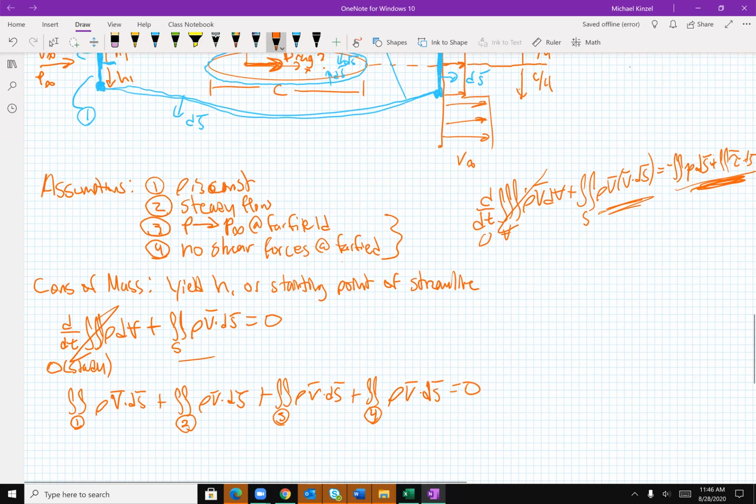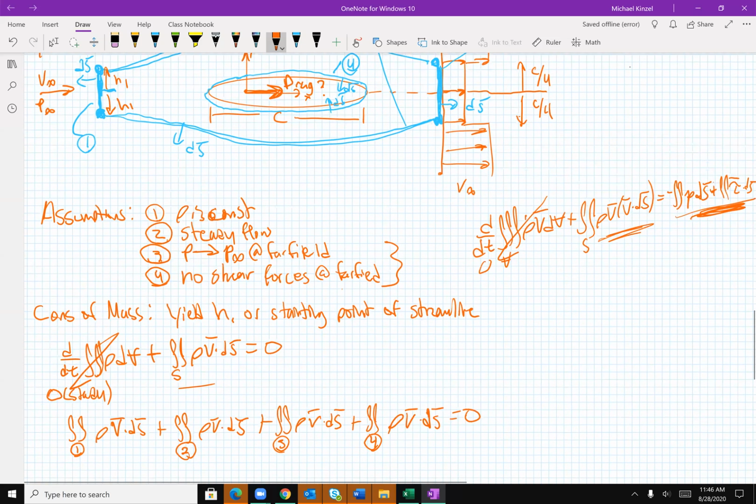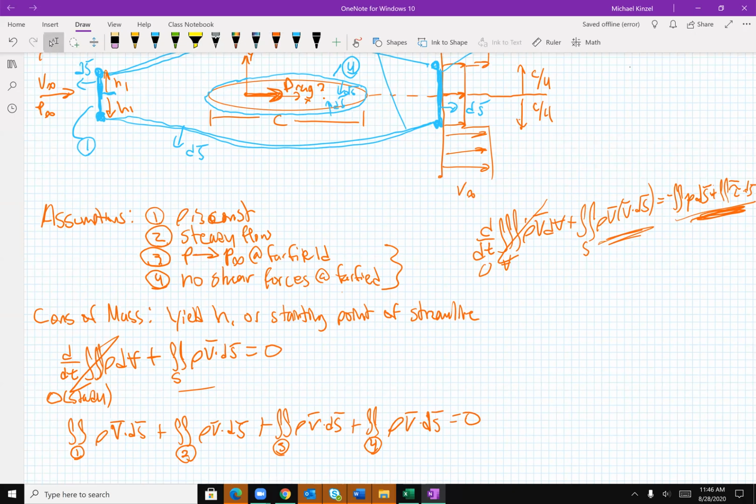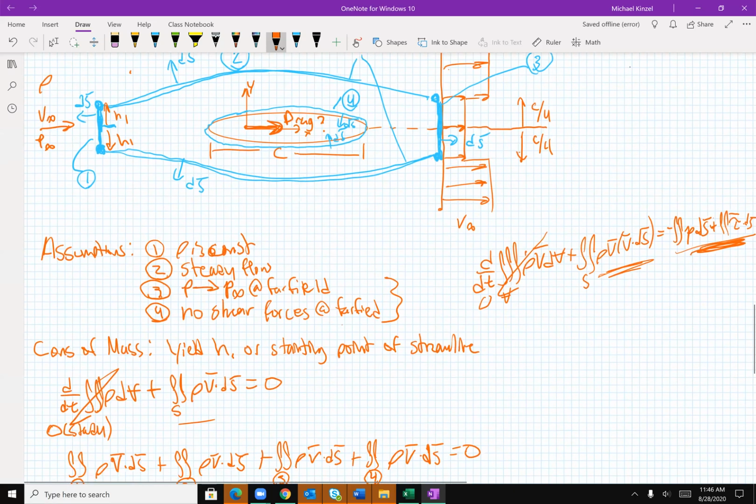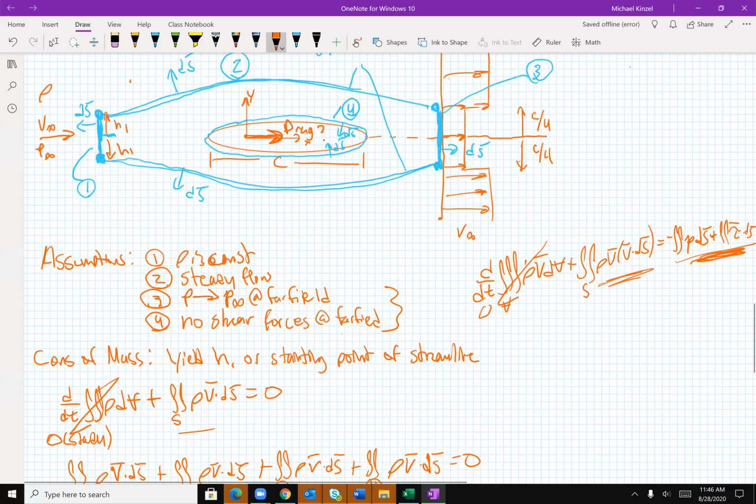Okay, so the first thing we want to do is evaluate this first control surface. A few things to note. We have a constant velocity times an area, and we have this dot product term.